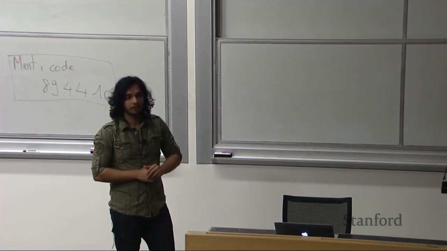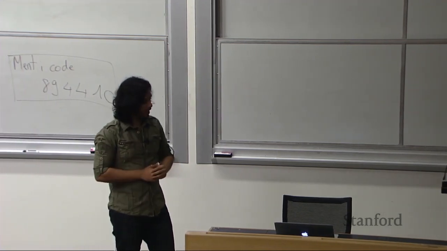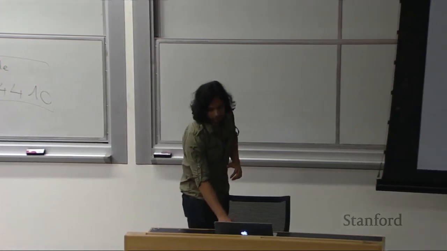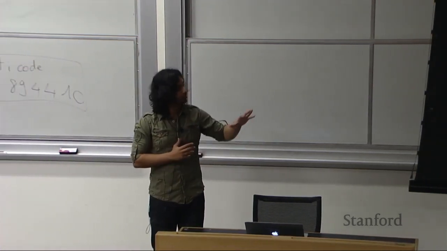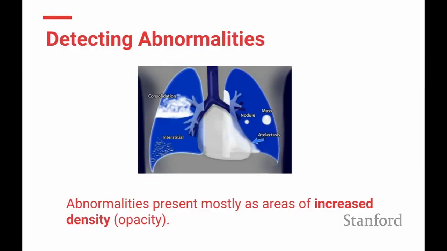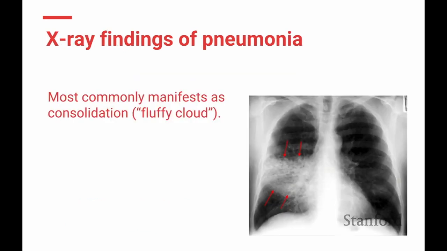And chest x-rays are the most common imaging procedure with 2 billion chest x-rays done per year. And the way abnormalities are detected in chest x-rays is they present as areas of increased density. So where things should appear dark, they appear brighter, or vice versa.